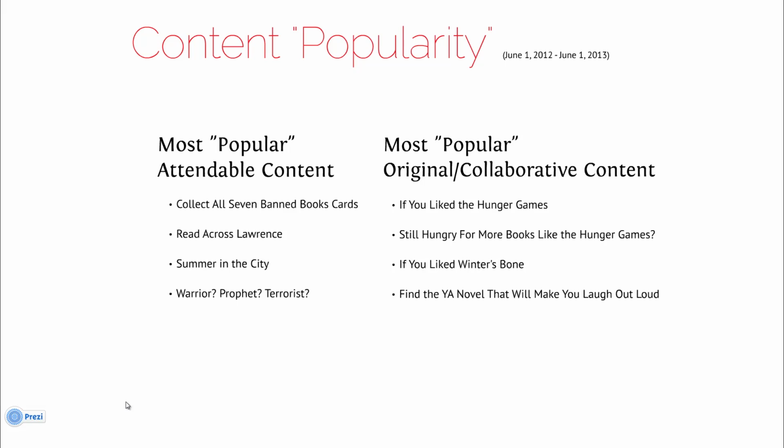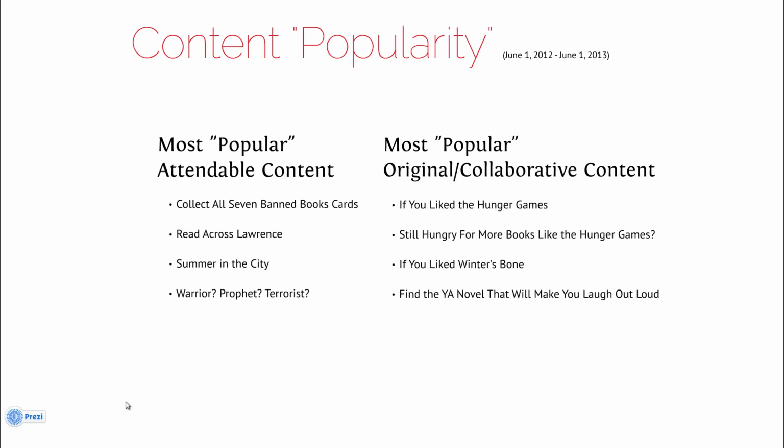So to dig in to some small picture stuff, I'm going to talk about content quote-unquote popularity. And of course, I use that term sort of tentatively. All of the statistics that I used are quantitative. They're not an ultimate measure of what exactly would make a post quote-unquote popular.